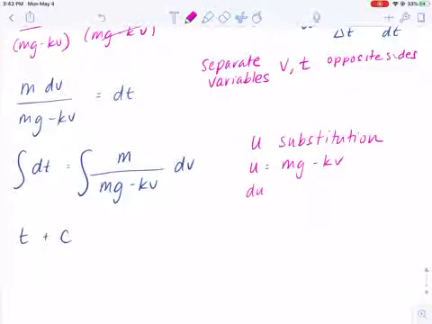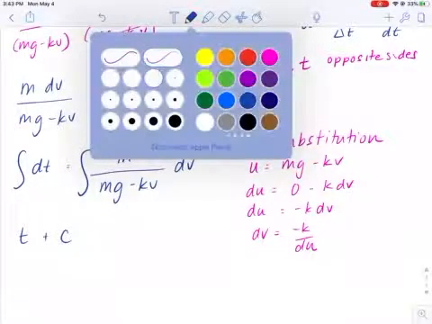And then I'm going to have to find du. Du would be 0 minus k dv, or negative k dv. So dv would be equal to du over negative k. And now I'm going to make my substitution.